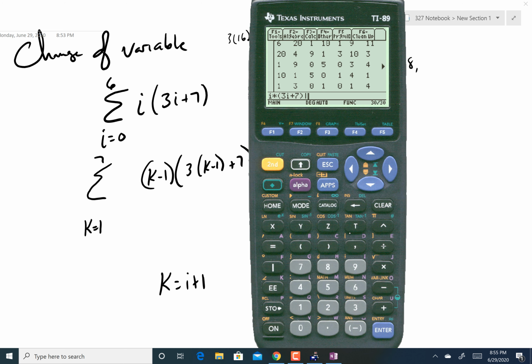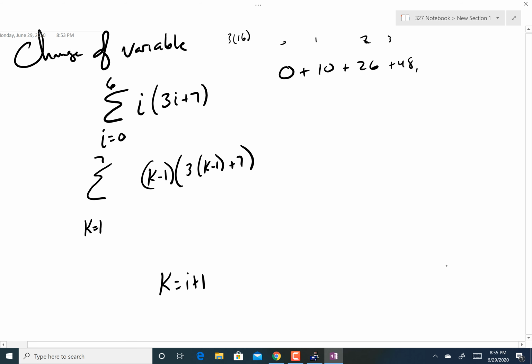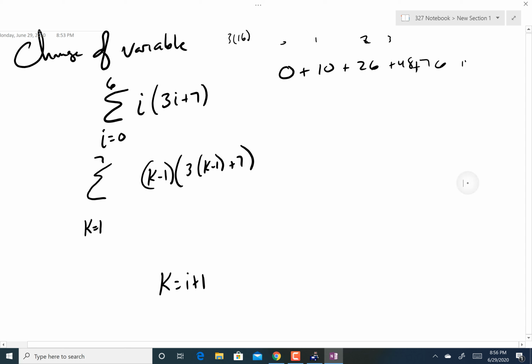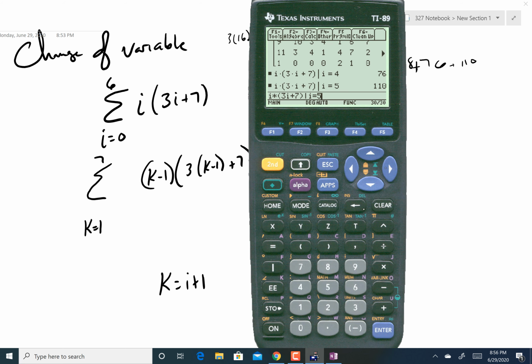Such that i equals, there we go, 4. 76. And then 5, 110, and then 6. What a pain in the buttocks. 150.